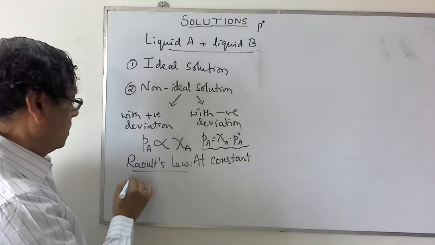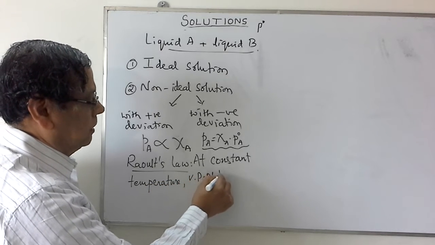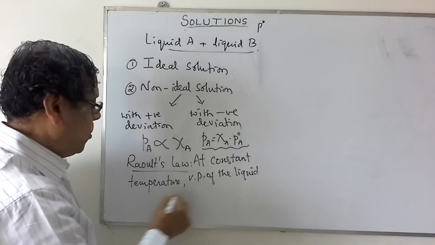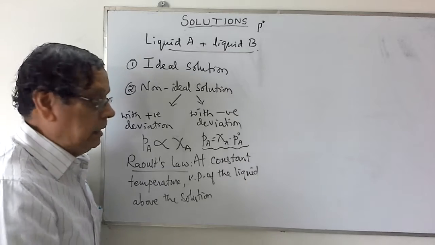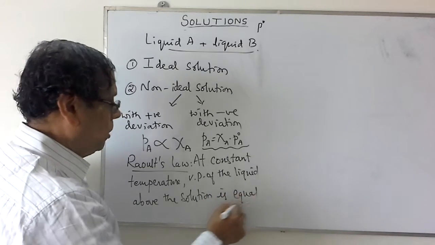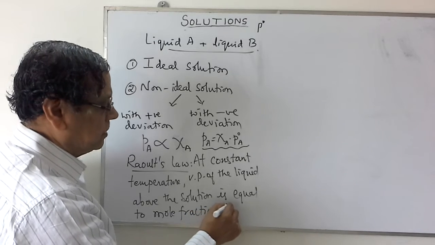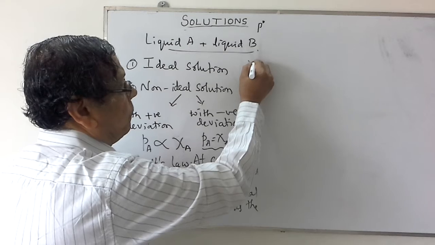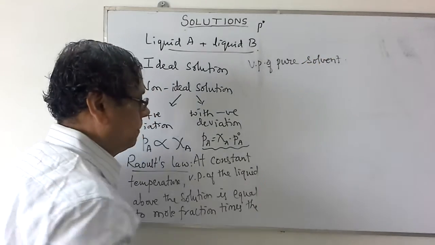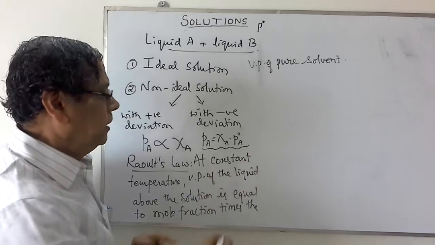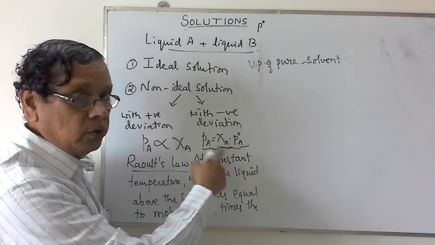At constant temperature, the vapor pressure of the liquid above the solution is equal to the mole fraction times the vapor pressure of the pure solvent, that is PA is equal to chi A into P0 A. In one of the previous classes we have seen chi A is actually the mole fraction of the solute A in the solution.